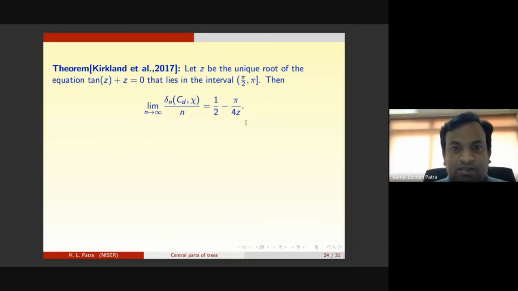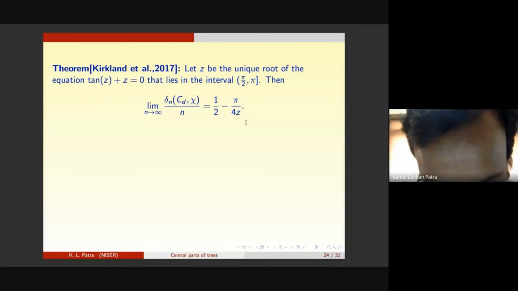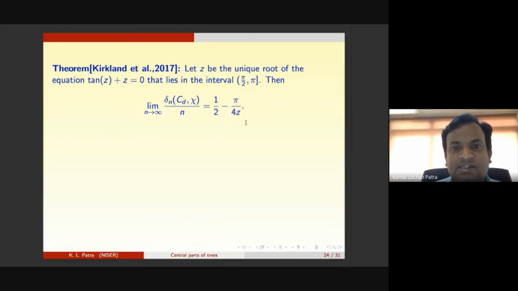Knowing that they were not able to find the exact maximum distance between centroid and characteristic set, they studied this nature, which is half minus pi by 4z.